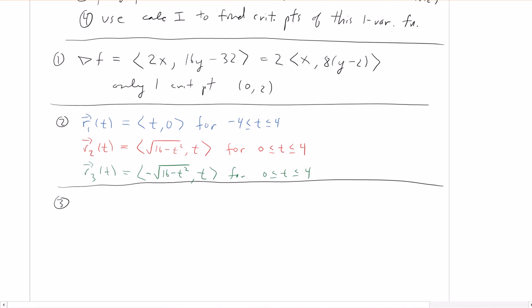I said in step 3 we will take these parameterizations and plug them into the original function. So let's stick to our color code. For R1, if I plug this parameterization in for x and y, so x is t and y is 0, it becomes very simple, just t squared minus 4.